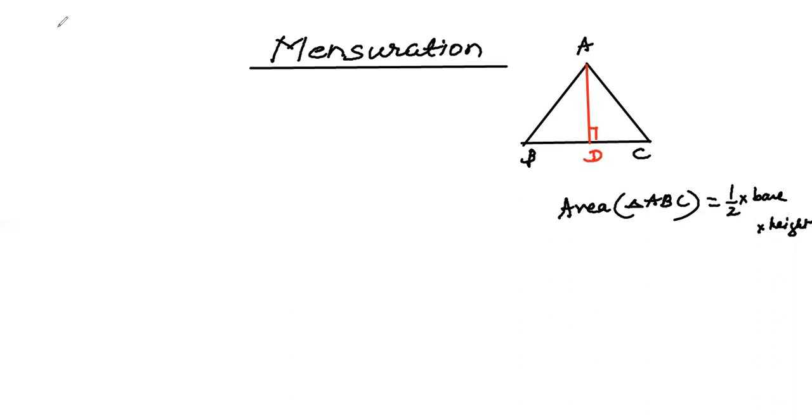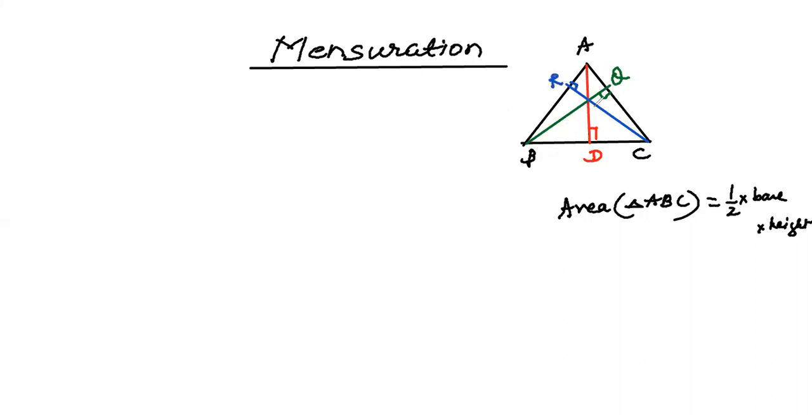AD is the height. From vertex B, if the perpendicular segment BQ is drawn perpendicular to AC, then BQ becomes a height. If a perpendicular segment is drawn from C on side AB, suppose this is CR, then CR is the height.